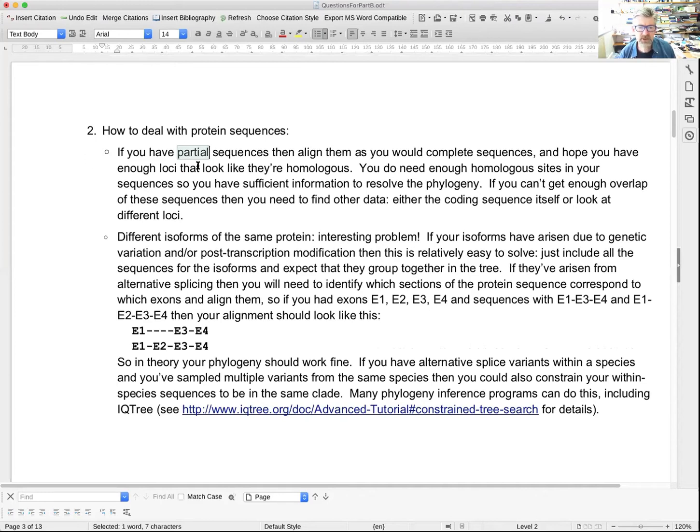So partial sequences can be a real problem if it's very, very patchy. If you simply don't have enough information, then throwing them in willy-nilly, even if you've got a nice bit of sequence from this taxon, another nice bit of sequence from that taxon, but if you can't find where they align with the rest of the sequences, then they're useless, and you should just either get some more data or drop those taxa.